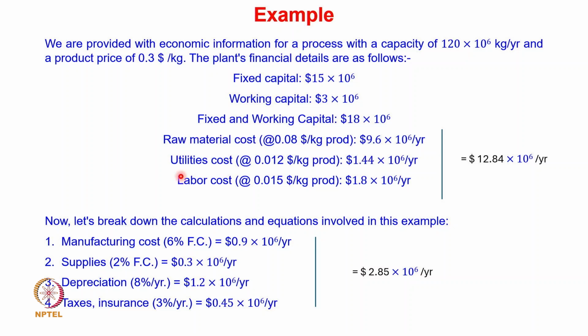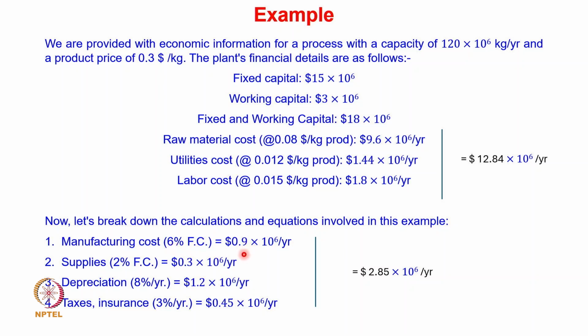In addition to this, there are some more factors associated with the operating cost. These are given here. The manufacturing cost is around 6% of the fixed capital. The fixed capital given here is 15 x 10^6, so we can multiply that by 6% and obtain the manufacturing cost.